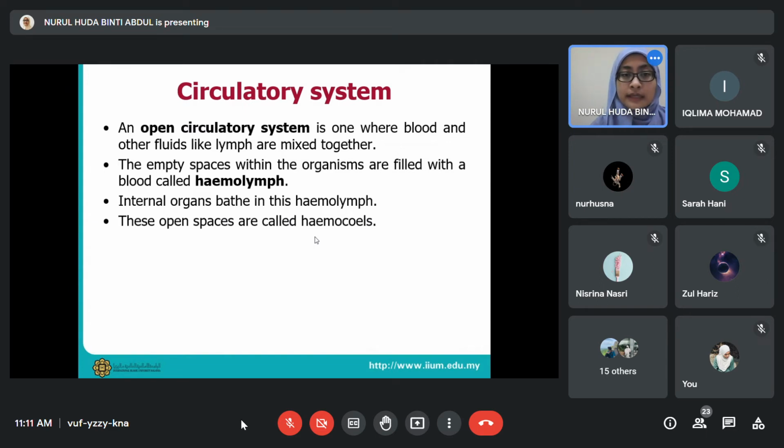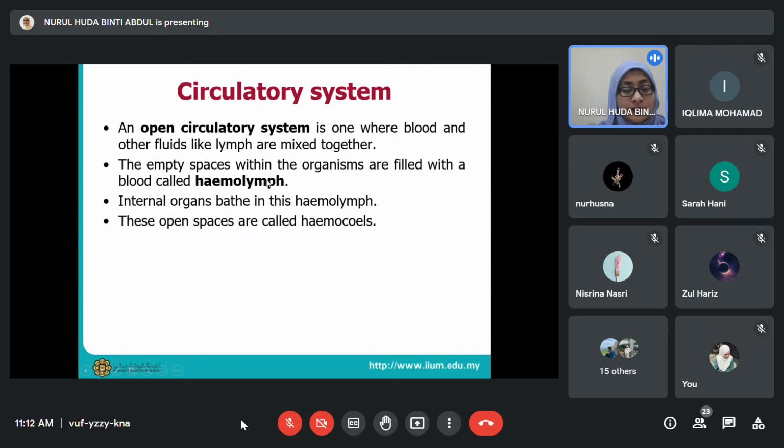But in insects, they have a different type of system. We call it an open circulatory system, where all the liquid in the body, whatever function the liquid has, is mixed together. In insects we call it hemolymph.